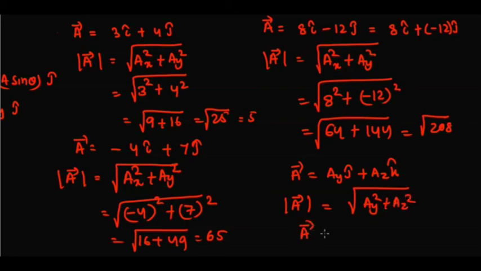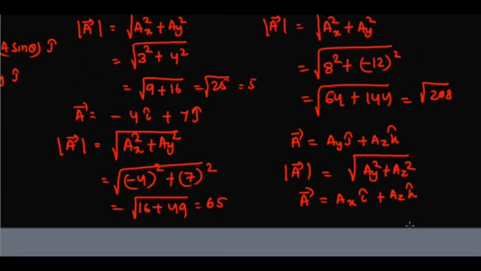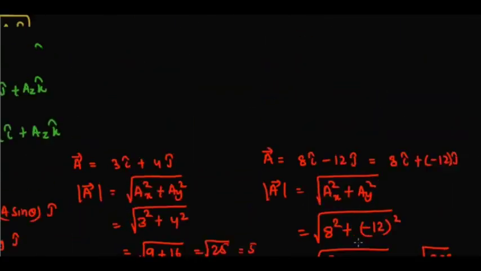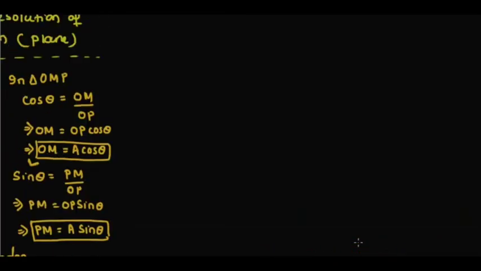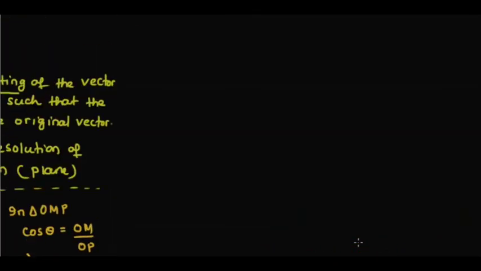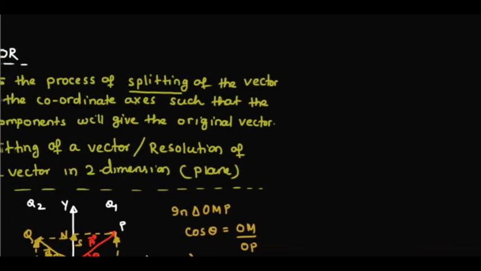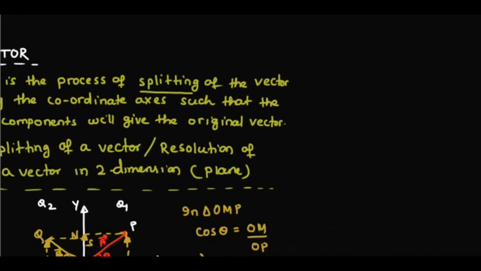Similarly, if we have a vector in xz plane, suppose we have AX I cap plus AZ k cap, then the magnitude of A is equal to square root of AX square plus AZ square. Is that clear?